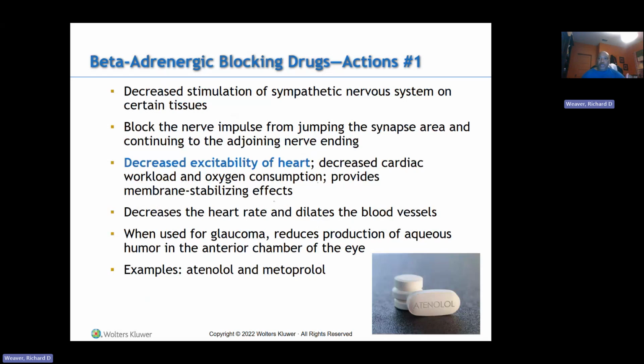When that aqueous solution increases in amount, that's what causes glaucoma, that increased pressure, right? And so what this drug does in this instance is it reduces the production of this aqueous humor, and therefore you get less pressure in the eye, which you want, because when that pressure in glaucoma goes up too much, someone can actually lose their sight.